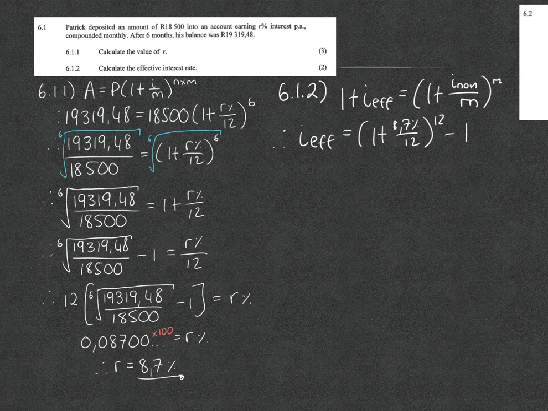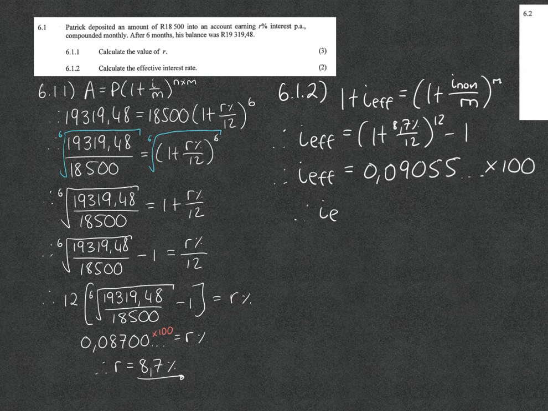Therefore, i effective equals that in my calculator, and it'll give me 0.09055 recurring, okay? And we make that into a percentage by timesing it by 100. So the effective interest rate is 9.06% if I rounded it up to 2 decimal places.